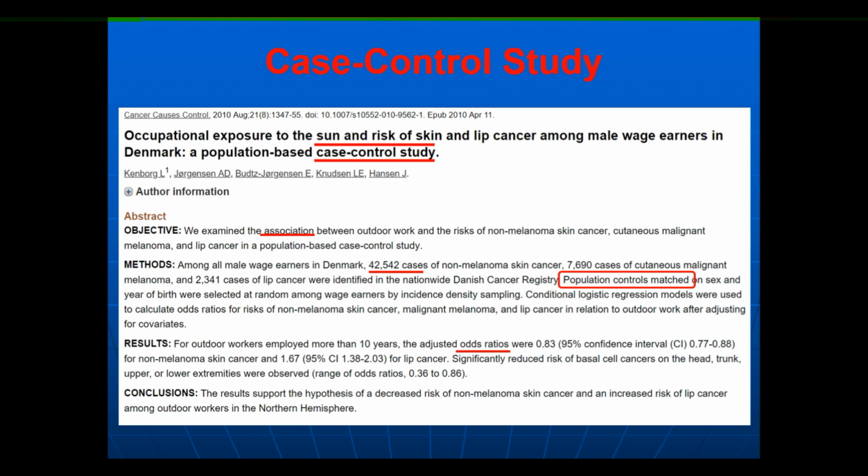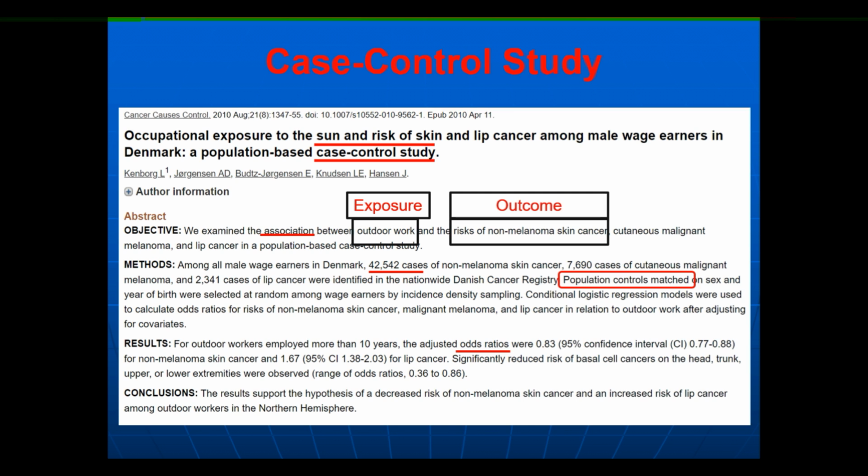He wants to know now if sun exposure is a risk factor of skin cancer or not. So this is the exposure, and the outcome is skin cancer. The exposure is outdoor. The outcome is okay.